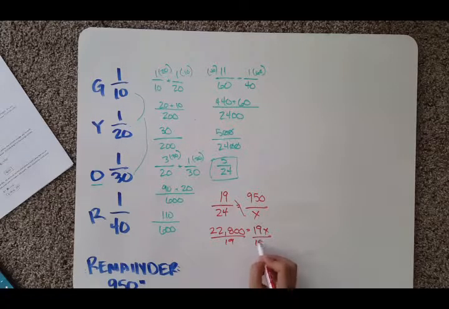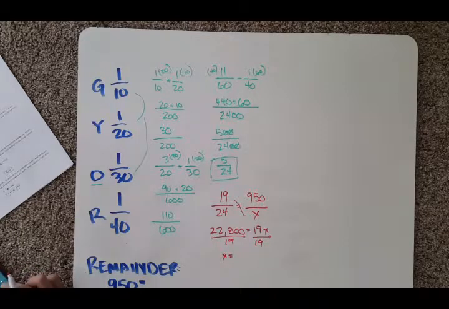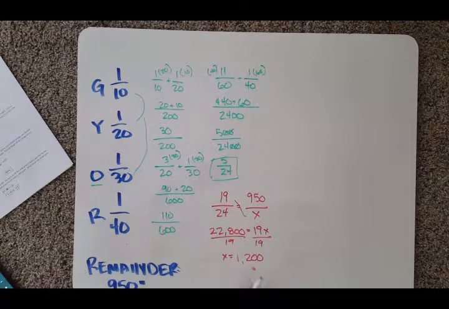Divide our 19s, and then x equals 1,200. So that means that the total length of our string is 1,200 inches.